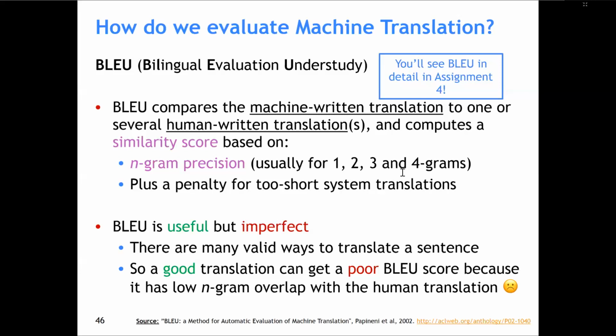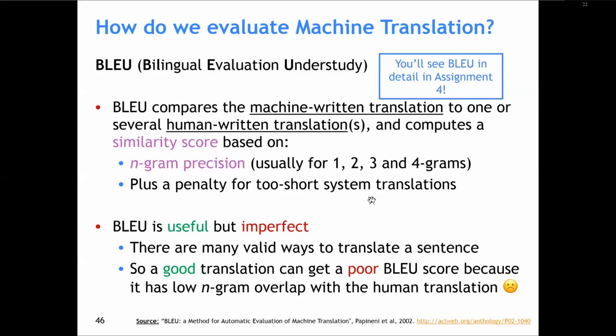Right, so you can see it's helpful, but it does not tell everything. It doesn't quite tell you the structure of the sentence, and also there are so many ways you can express the same meaning with a different ordering of words, right?